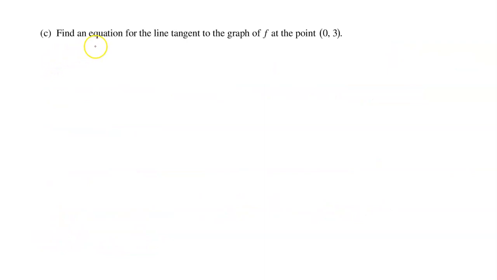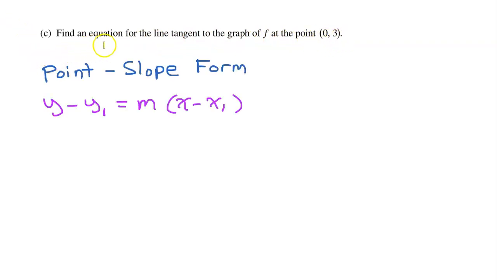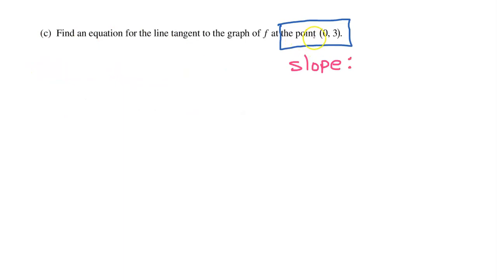Part C. Find an equation for the line tangent to the graph of f at the point 0, 3. Whenever they ask me to find the equation of the tangent line, I like to use point-slope form, which reminds me that all I need is a point and the slope. And they gave us a point, so all I need is the slope.